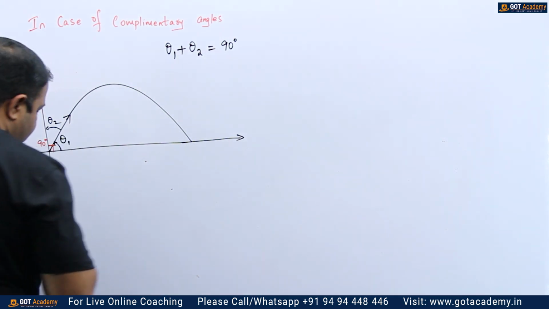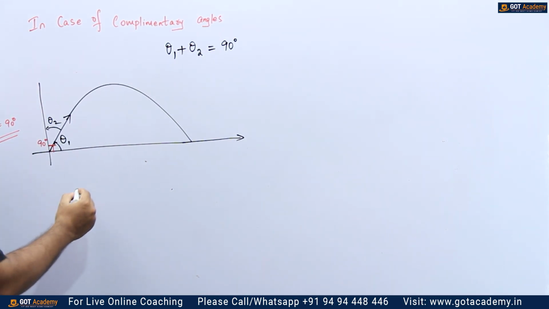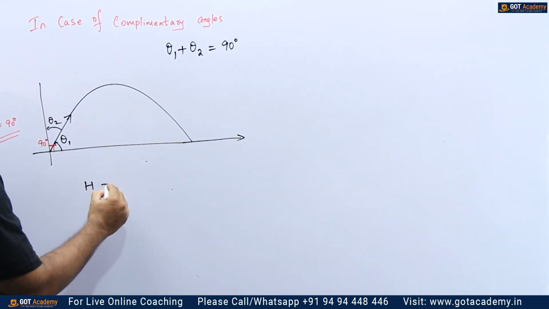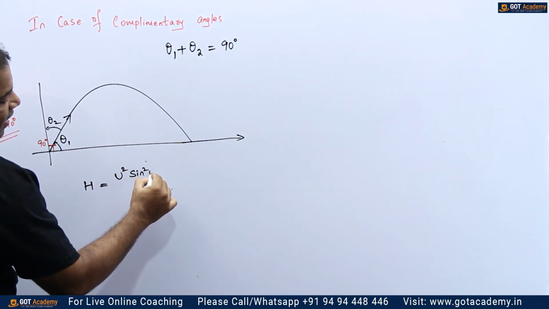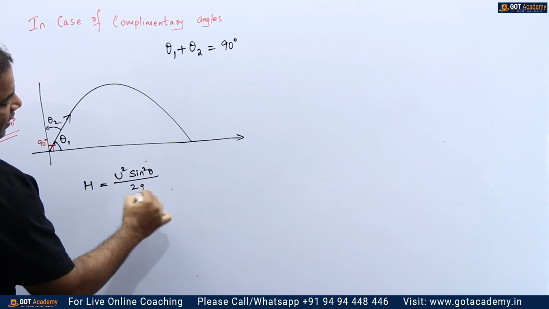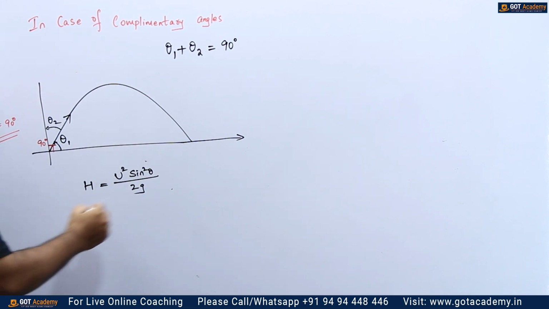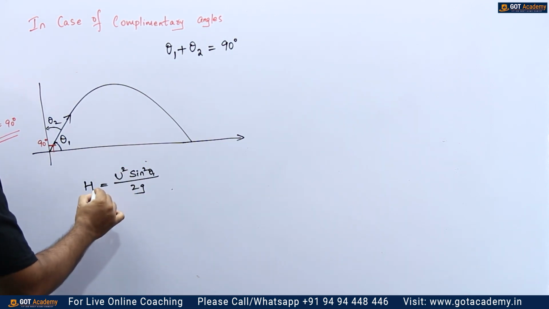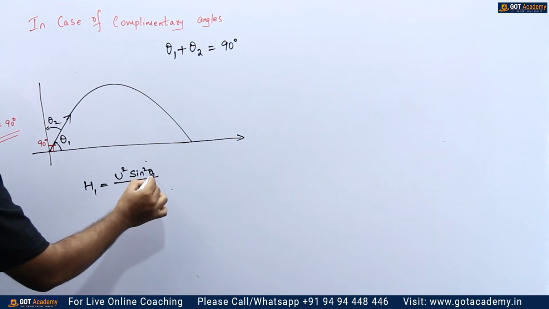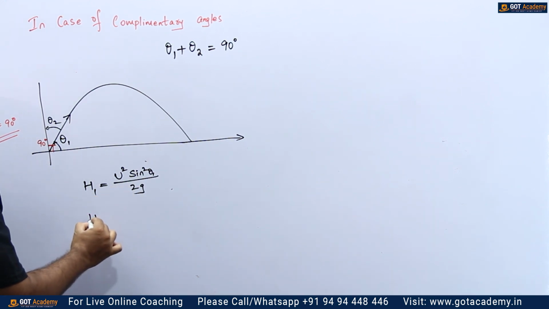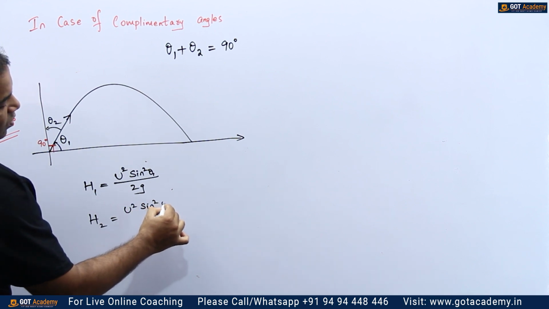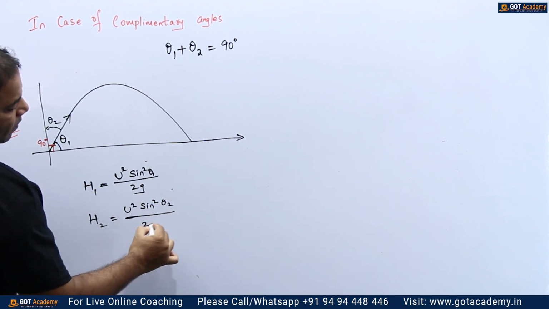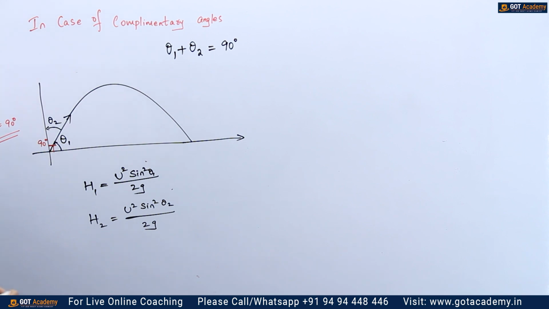If I am interested to find H1, H is given by u square sine square theta by 2g. This is the relation we have studied earlier. If this is theta 1, this will be H1. If here theta 2, this will be H2. So H2 is equal to u square sine square theta 2 by 2g.